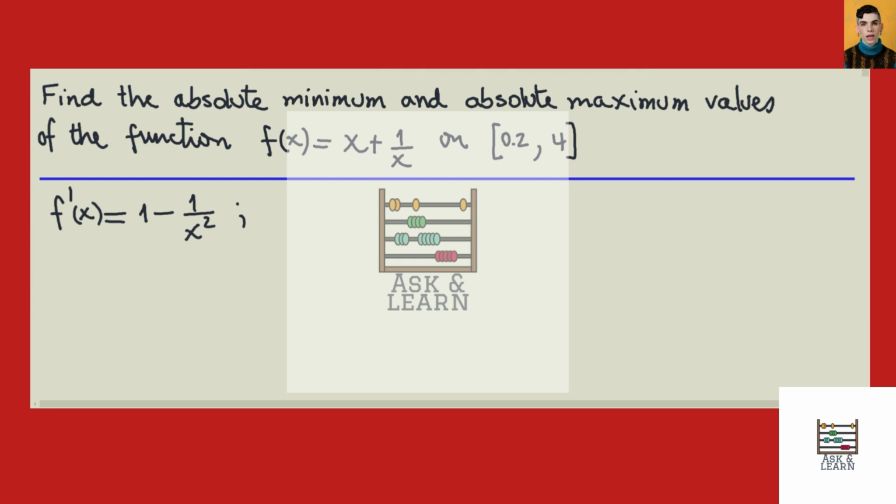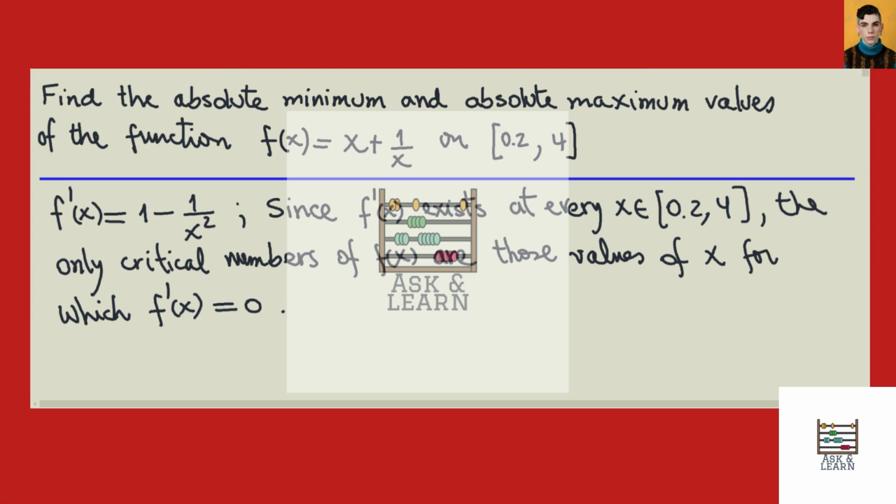And we can see that this derivative is defined at every value x on the closed interval [0.2, 4]. And for that reason, the only critical numbers of this function f are those values of x for which the first derivative is equal to 0.